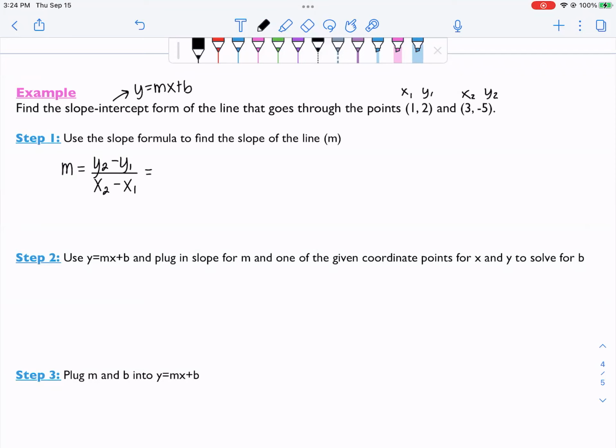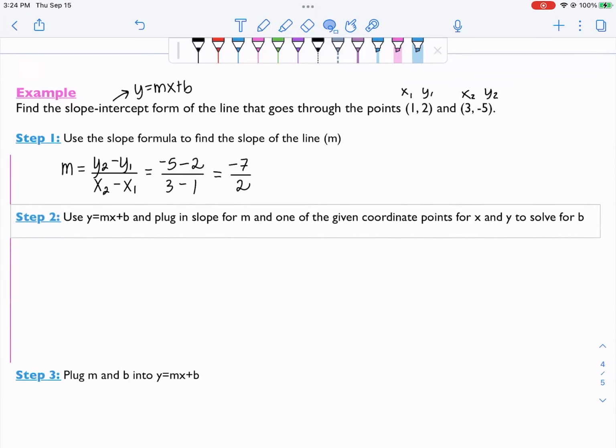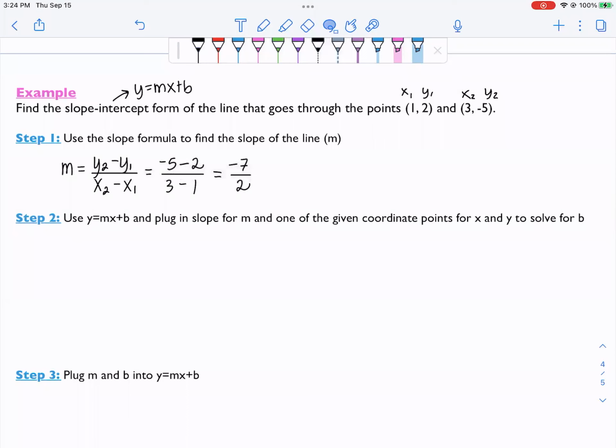So our y2 is -5 minus y1 is 2. x2 is 3 minus x1 is 1. On top, we have -7. On the bottom, 3 minus 1, that is 2. So our slope is -7/2. I'm going to just pull this guy up a little bit.